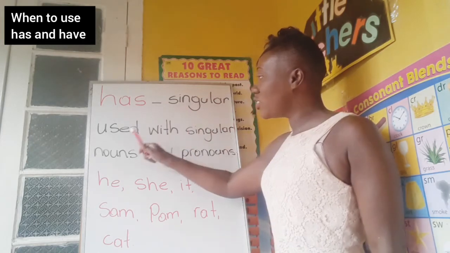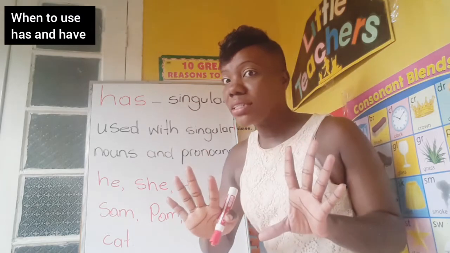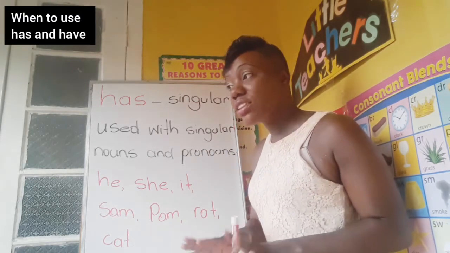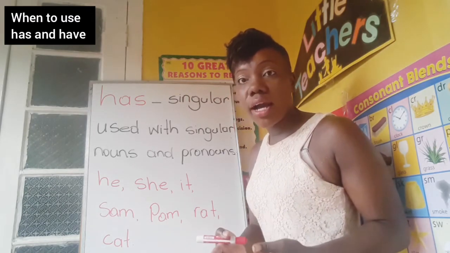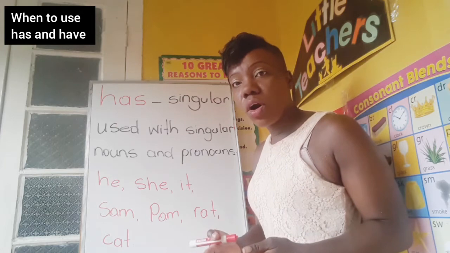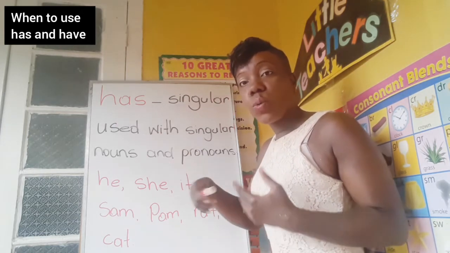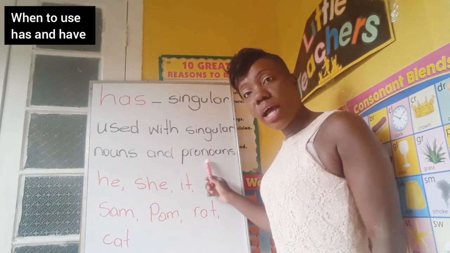So has is used with singular nouns. And remember, boys and girls, we learned about singular nouns, as in the word cat, singular, dog, singular, book, singular. So we use has with singular nouns and pronouns.